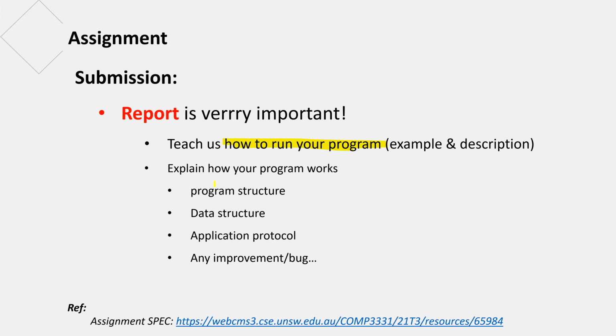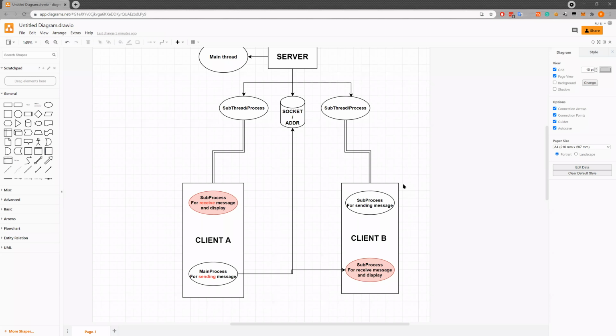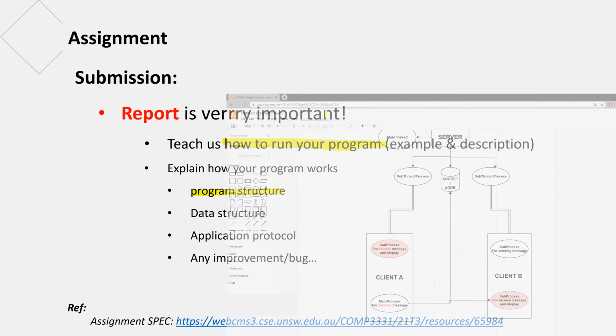And of course, besides the examples and description, you can also put in some program structure to describe how you make it work. Just like the drawing I showed you before, you can make a graph like this and tell me how it works.